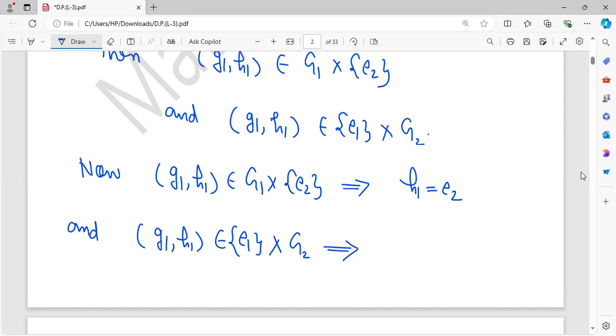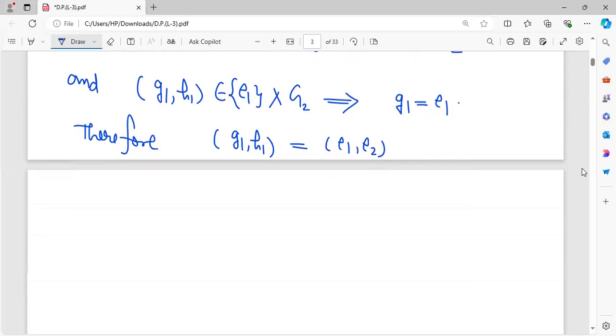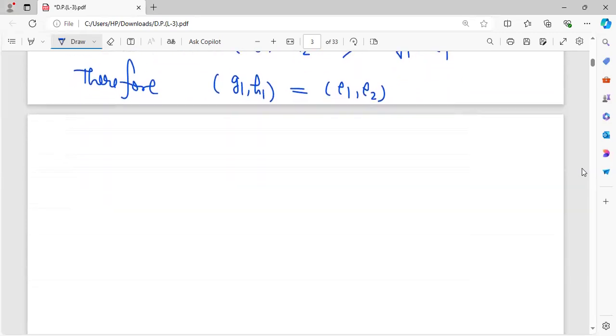This implies g1 is equal to e1. Okay. Therefore, (g1, e2) is equal to (e1, e2). It means that you take any element from their intersection, it turns out to be (e1, e2). Okay.